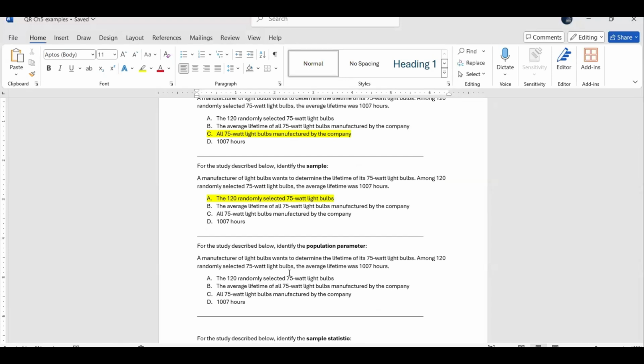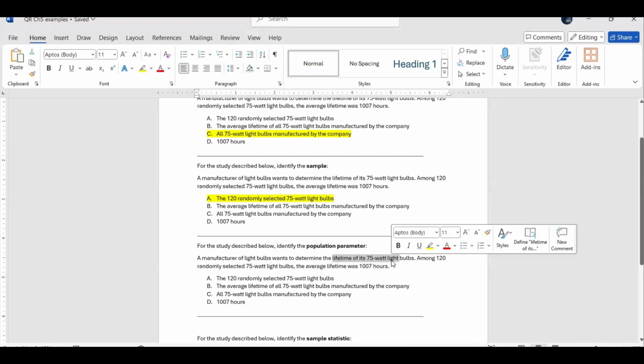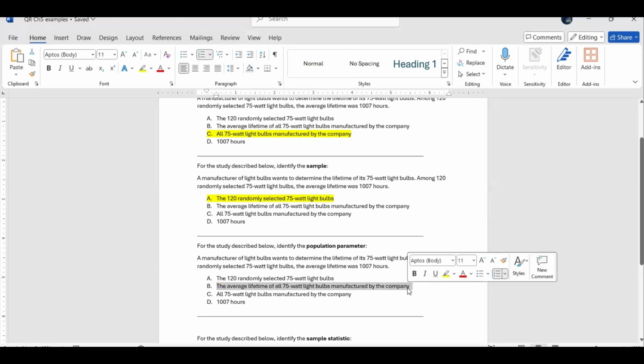That's the entire group they're interested in. Now the specific data they're interested in is the lifetime of all of those light bulbs. So the population parameter would be the average lifetime of all of the light bulbs manufactured by the company.